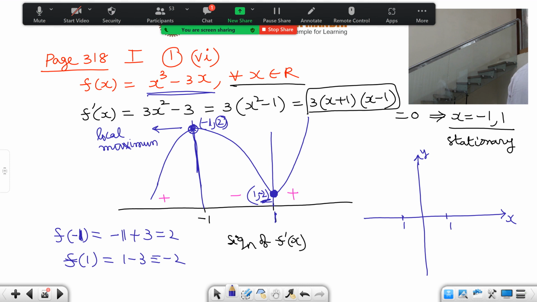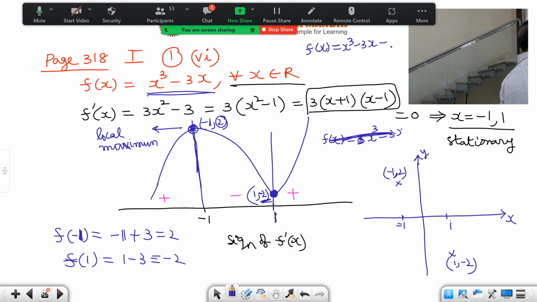At minus 1 the value is 2, so this point is minus 1 comma 2, that is local maximum. At 1 it is 1 comma minus 2 below here, and the actual function is x cube minus 3x. This function is 0 at what points?